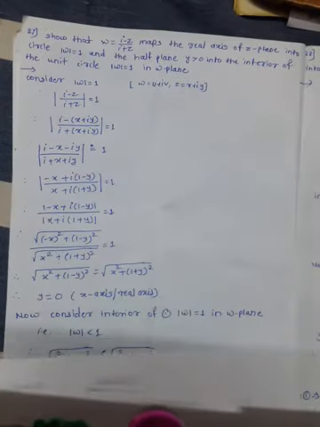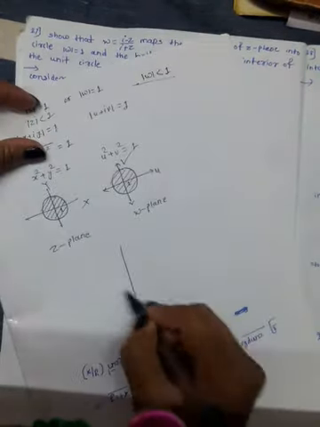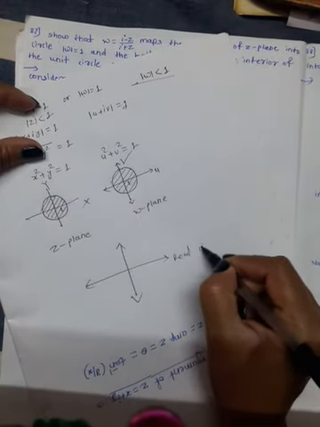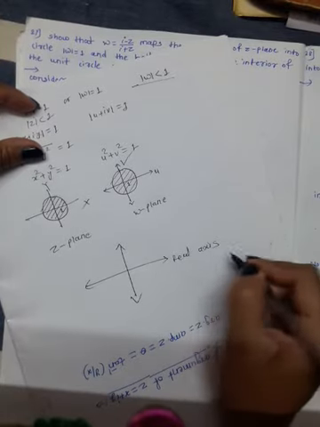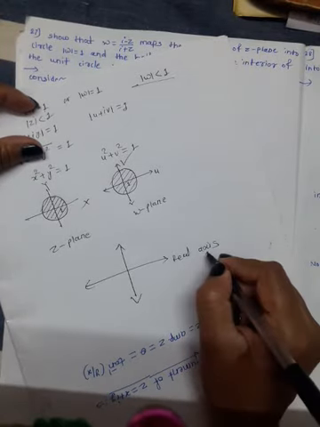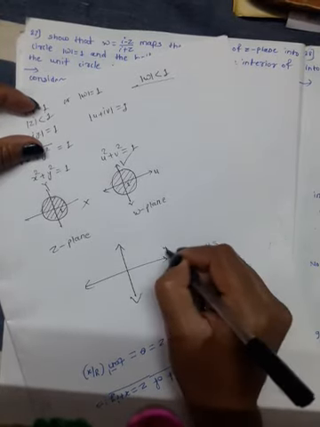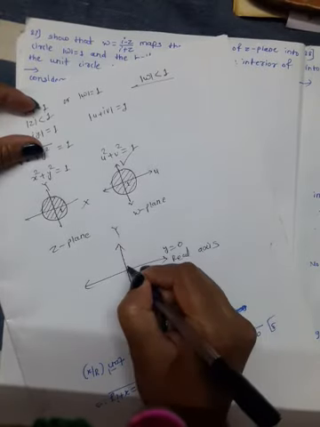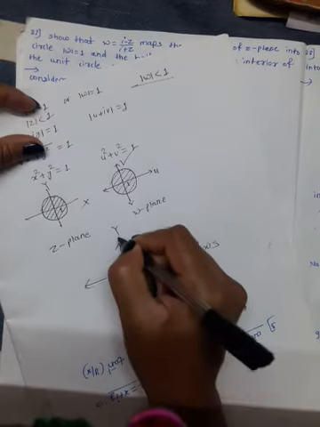Understand? And the half plane: in the z plane, this is the real axis, meaning the x axis. What is the equation of the x axis? y is equal to 0 is this line, and this is the y axis, with the positive axis starting from here.